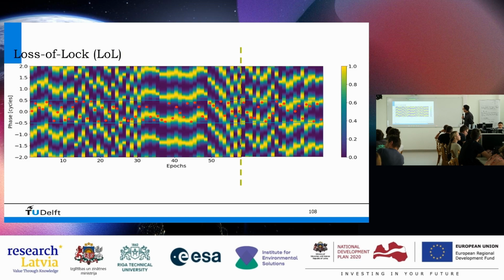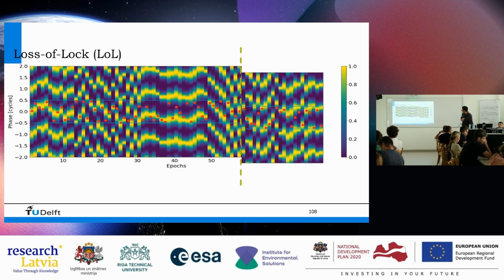So suppose that this would be an agricultural field, and the farmer would come here and plow the field, right? So then at this moment we get a loss of lock, and the phase value that I get after that loss of lock can be arbitrarily different, right? So it can be shifted like this.